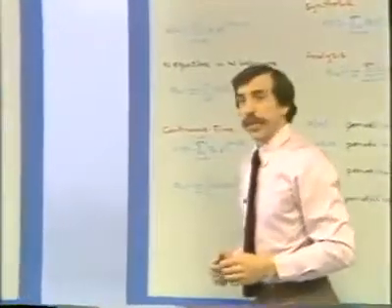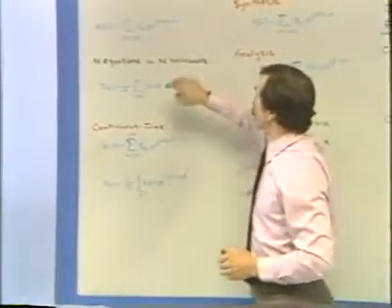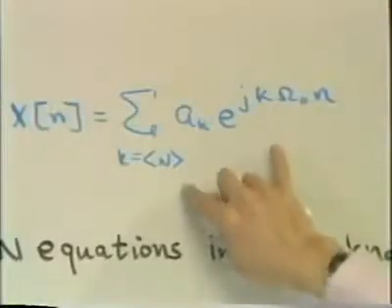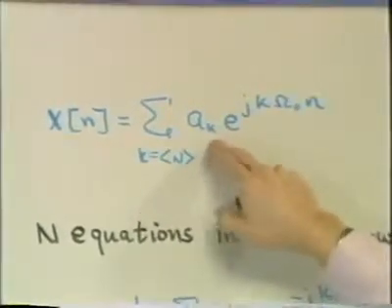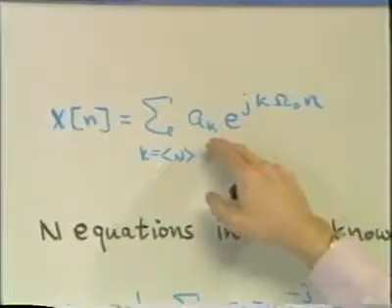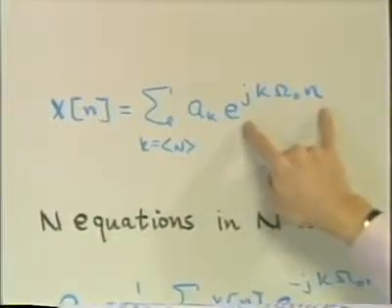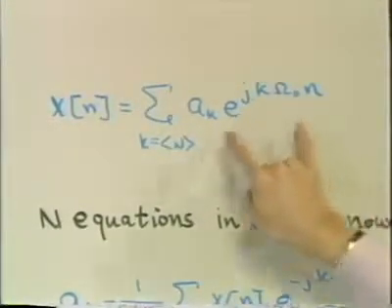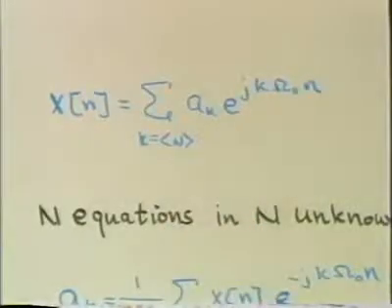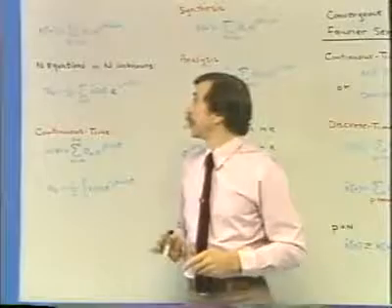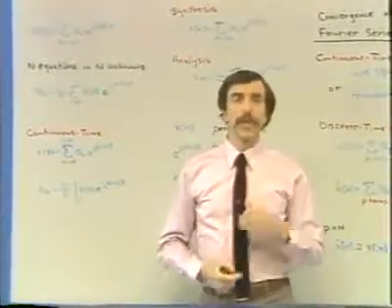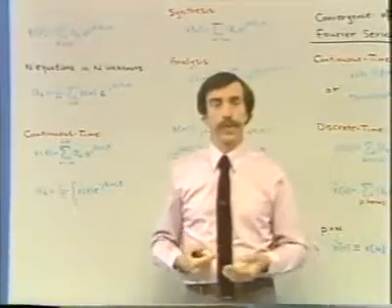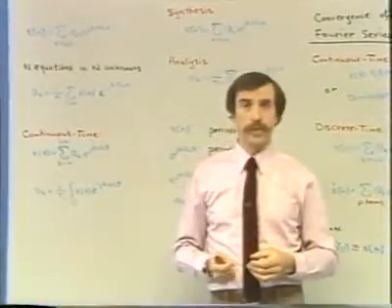Okay, so the expression that we have then for the Fourier series, I've repeated here. And the implication now is that the a sub k's are periodic. They periodically repeat because, of course, these exponentials periodically repeat. This indicates that we only use them over one period. And now we can inquire as to how we determine the coefficients a sub k. Well, we can formally go through this much as we did in the continuous time case.